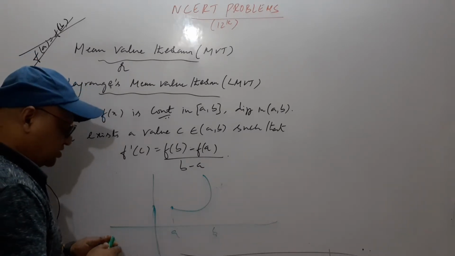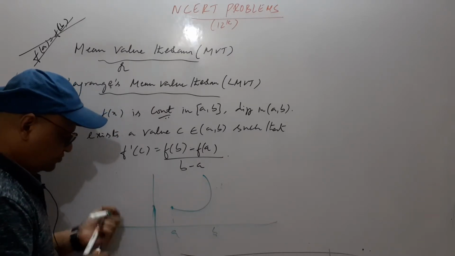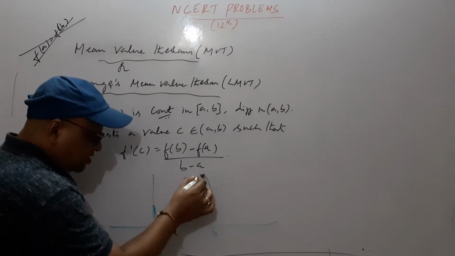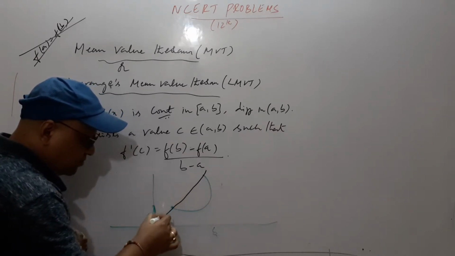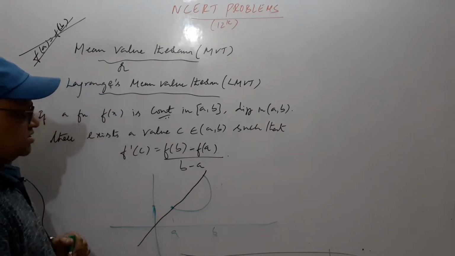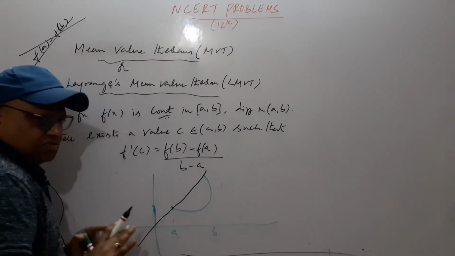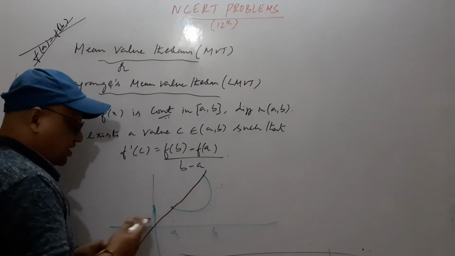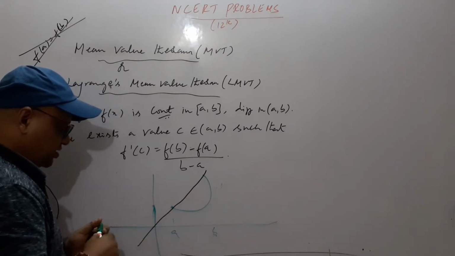It states that I will write a secant here. This is the secant joining a and b. It can pass anywhere. Don't think that it is passing through 0. No, that is not required. It can pass anywhere it wants, doesn't matter. So this is the secant.